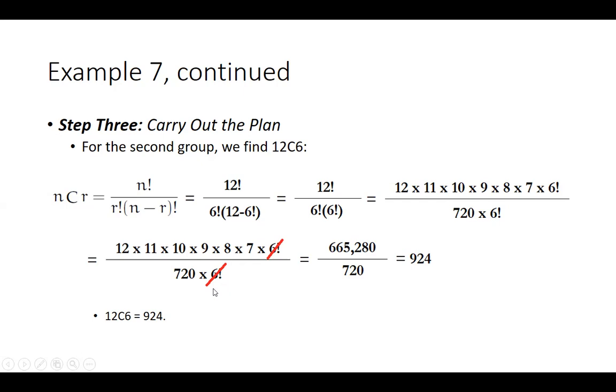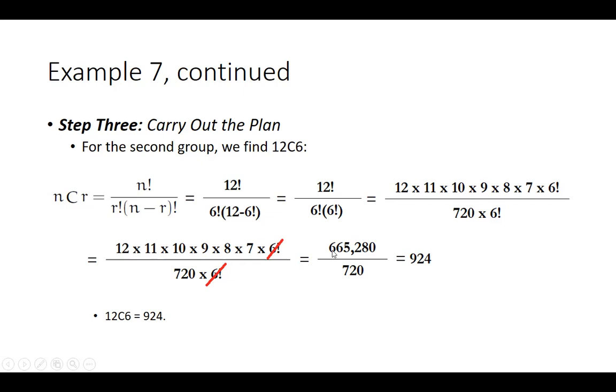Once the 6 factorials cancel, we have 12 times 11 times 10 times 9 times 8 times 7 on top, 720 on the bottom. That would be 665,280 on top, 720 on the bottom. And dividing, we get 924.